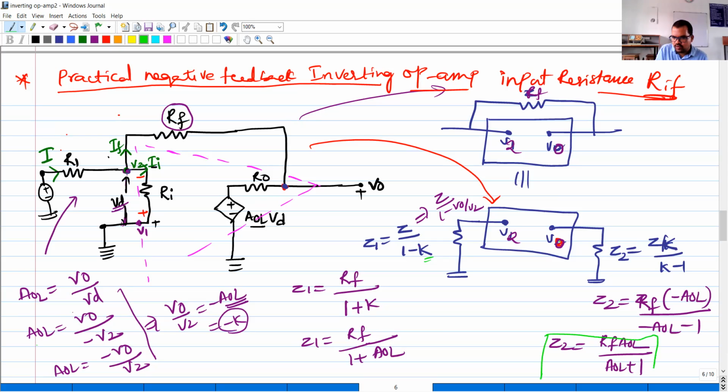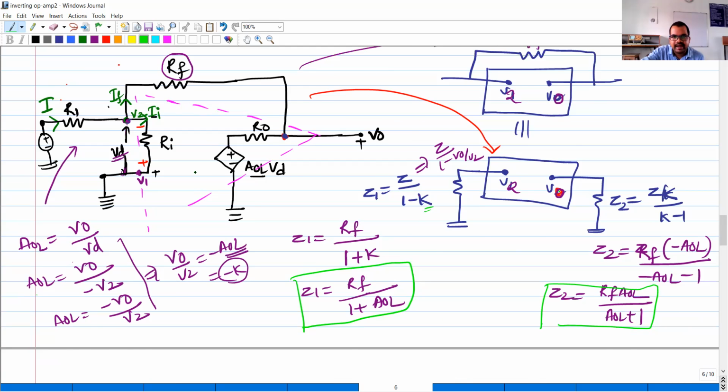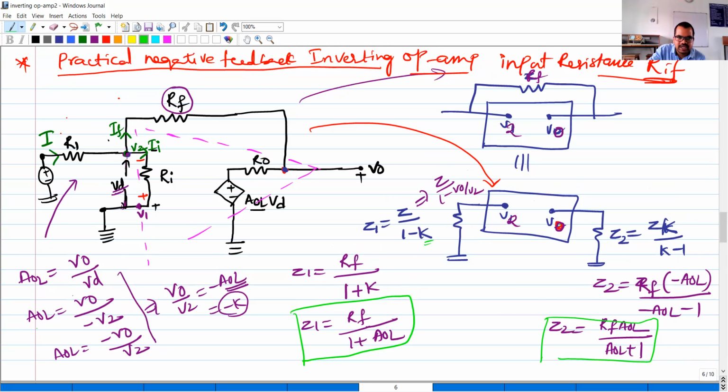This is Z2 for the case of this inverting practical operational amplifier. This feedback resistance I am replacing with the help of Miller's equivalent.